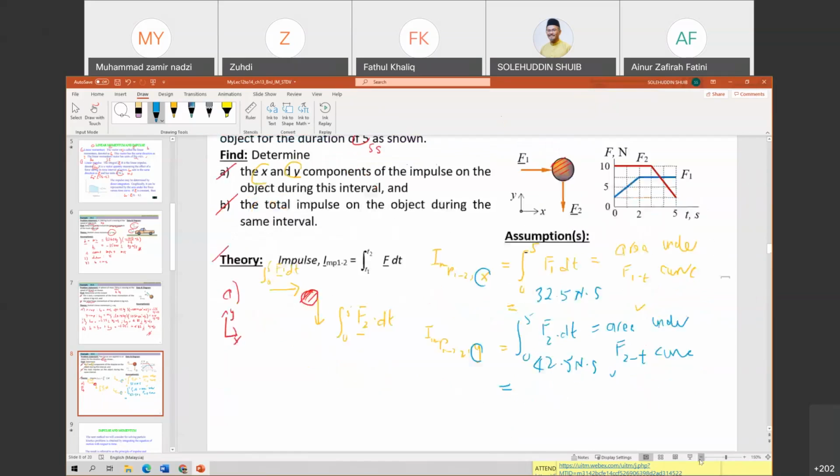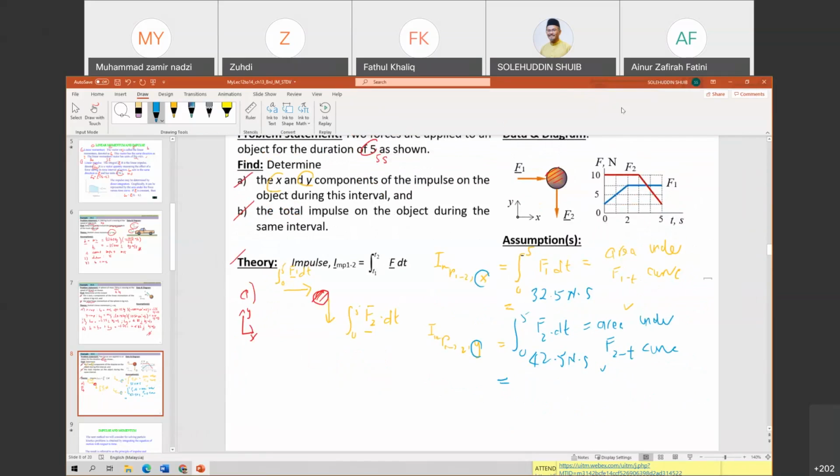So you must refer to the figure. Before we go to part B, you need to get impulse 1 to 2 in x.